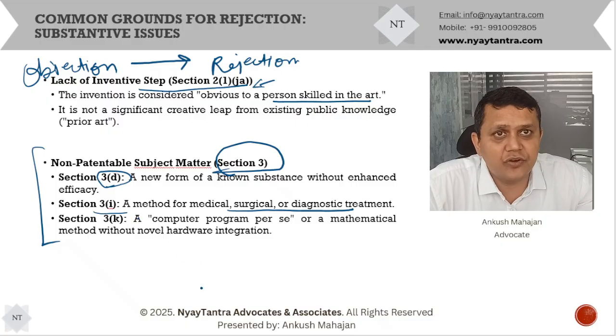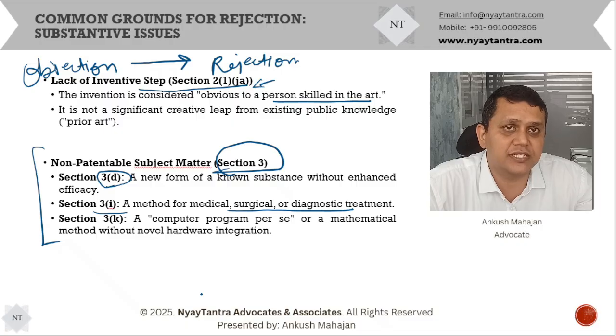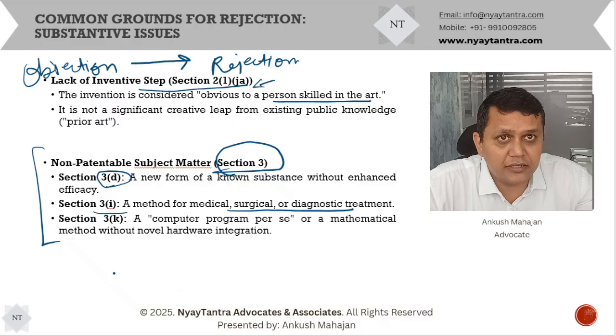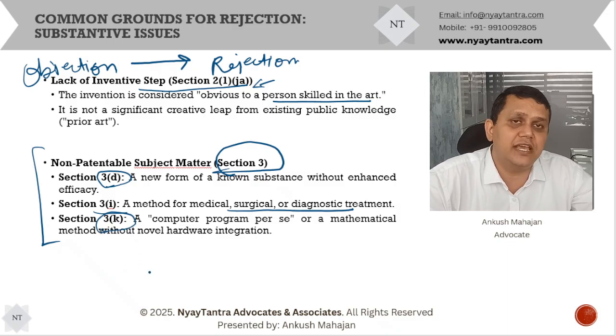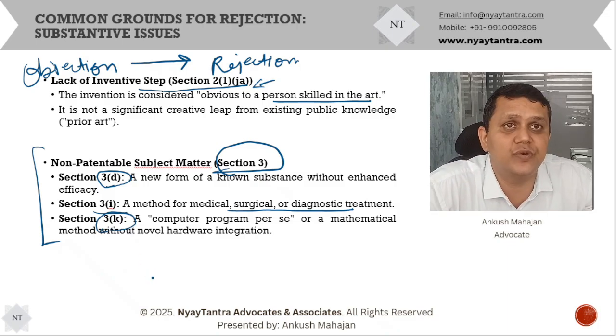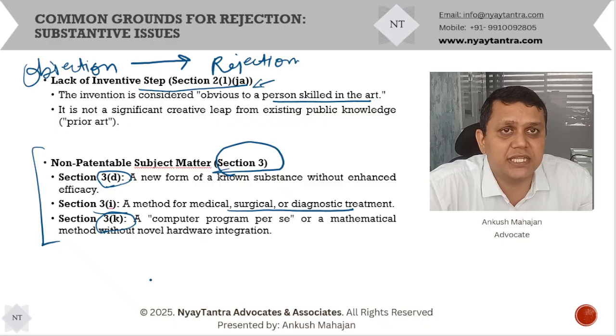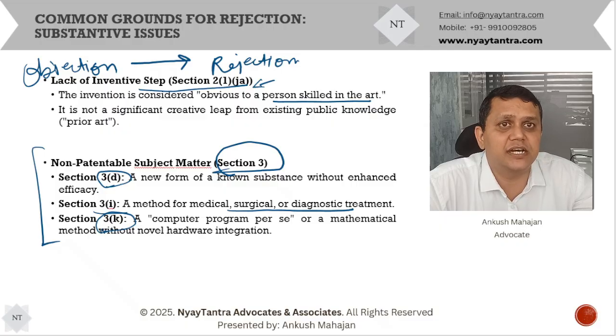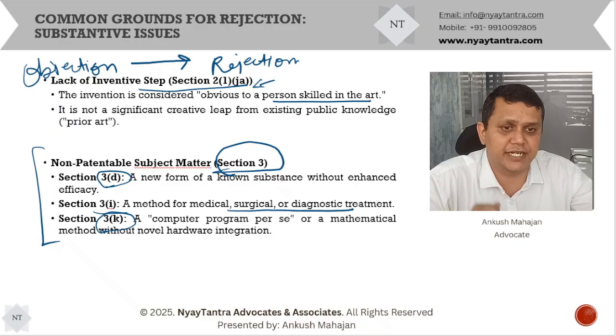If you are into the software side and if your invention is somewhere in software applications, then you are definitely going to get an objection under 3(k), which ultimately gets converted into a rejection under section 3(k). So these are the typical examples in which the patent office rejects your patent application, citing that because of the applicability of section 3 in India, your patent application in India stands rejected.